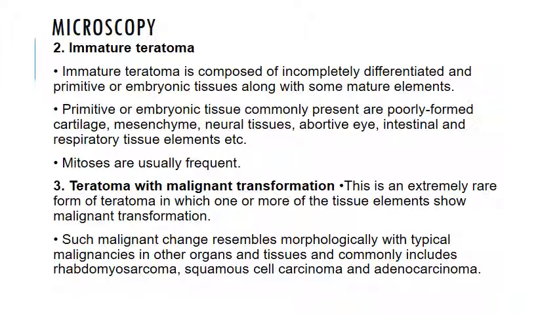In a teratoma, whenever we observe fully developed malignancies which occur in organs, like squamous cell carcinoma, adenocarcinoma, or rhabdomyosarcoma, we call that teratoma a teratoma with malignant transformation, and it is a highly rare form of teratoma.